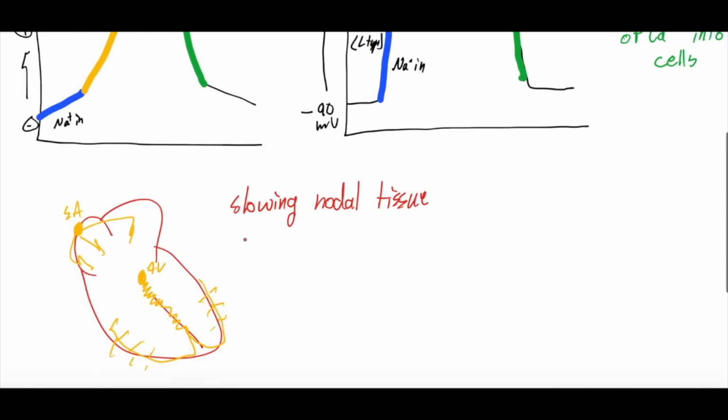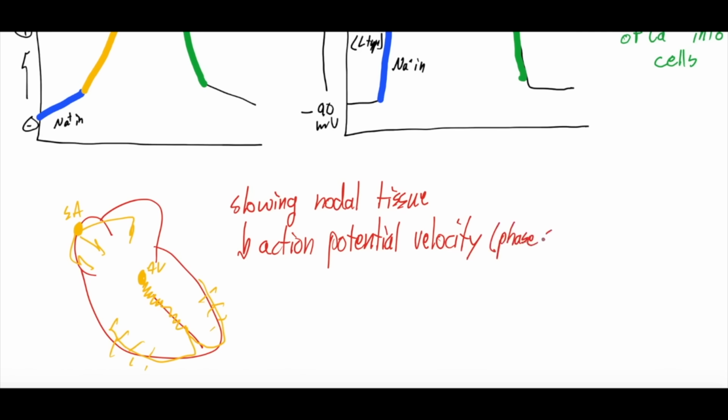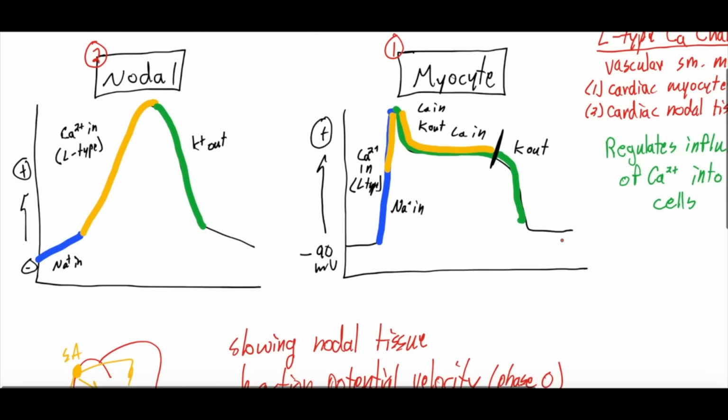So they're also decreasing action potential velocity. All right, so they affect both the nodal tissue and the cardiac myocytes themselves. And that will affect phase 0 of the cardiac myocyte, which we know is this phase here, and the slope that occurs with this initial depolarization.